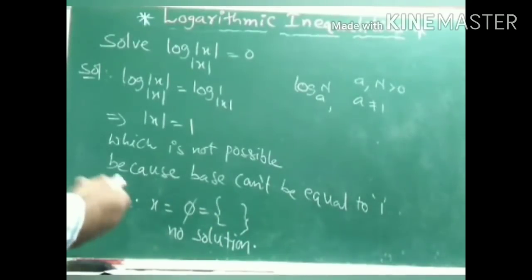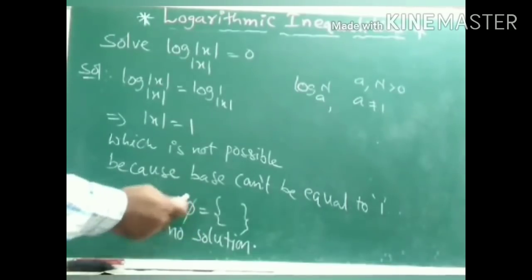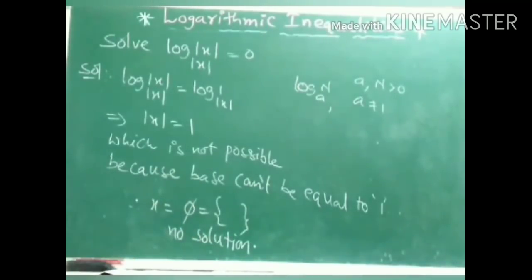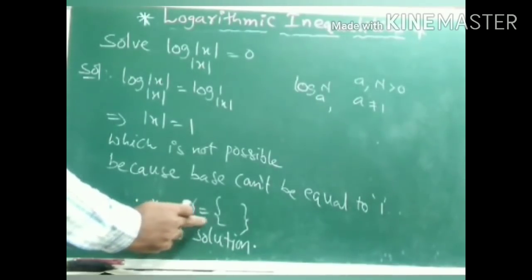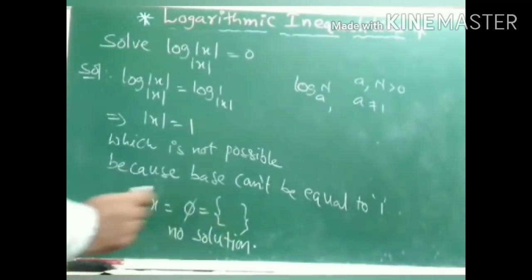So there is no x existing here. That's what we can mention, that no solution is nothing but a null set. The null set can be denoted by phi or with empty brackets. So hence x has no solution here. No value of x is satisfying this given condition.